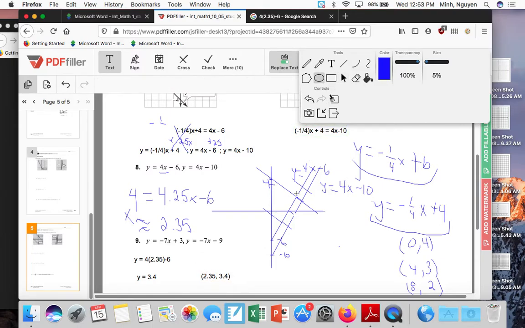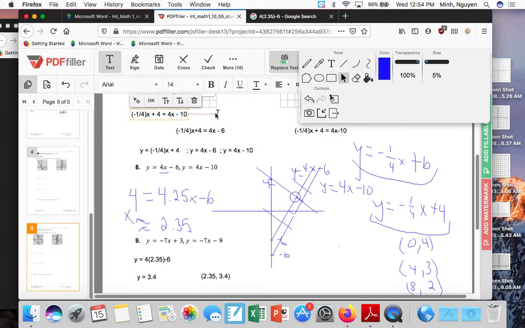That is right here. I'm going to do that same process with this line and this one. The equation that I'll set up is negative 1/4 x plus 4 equals 4x minus 10.